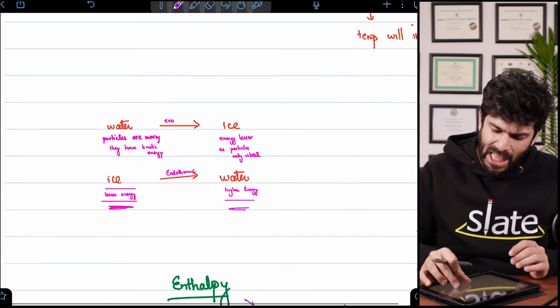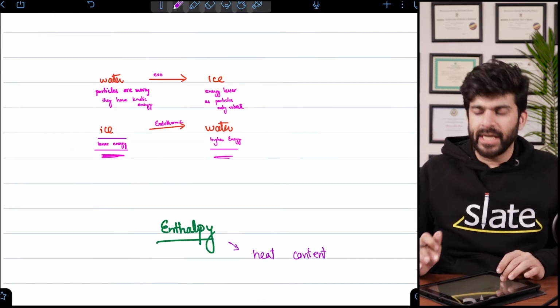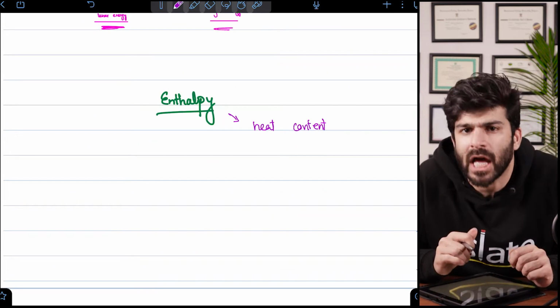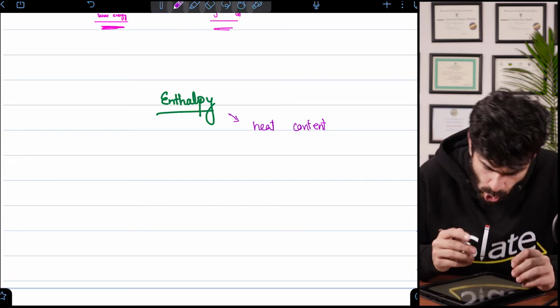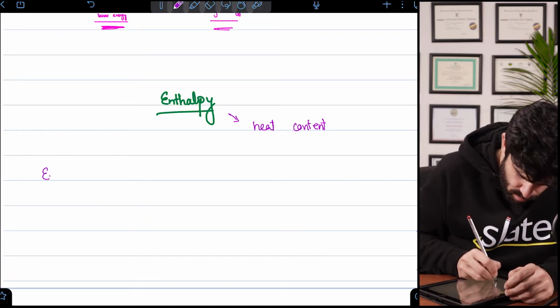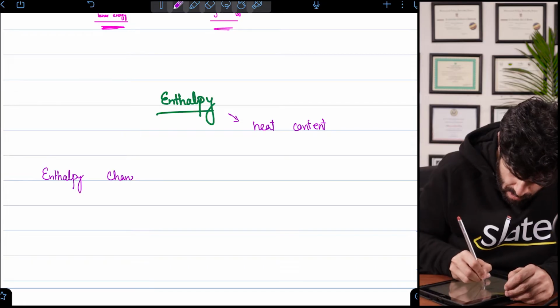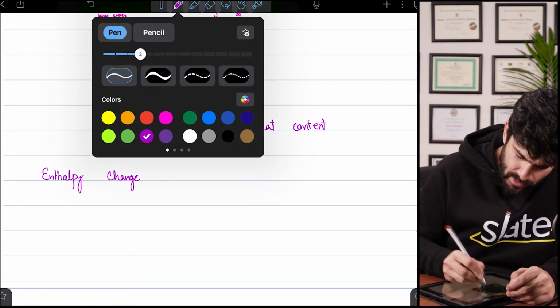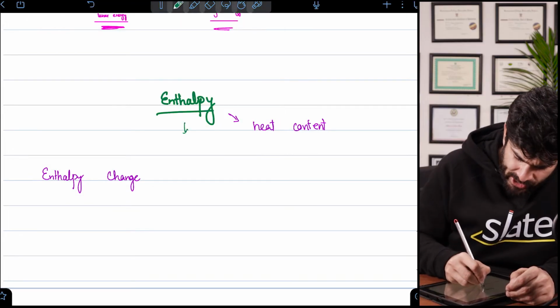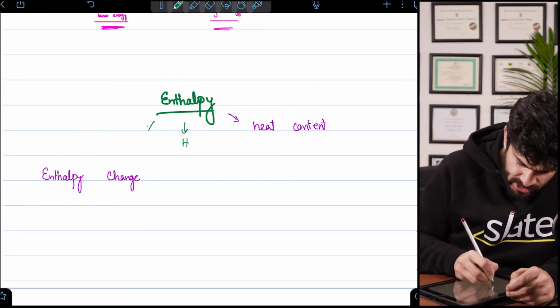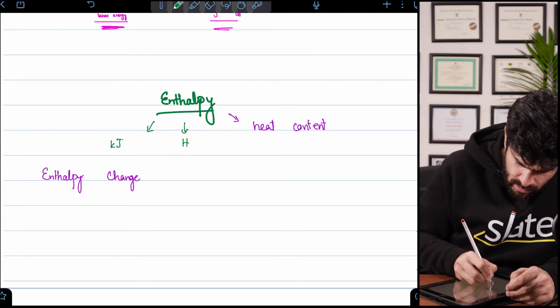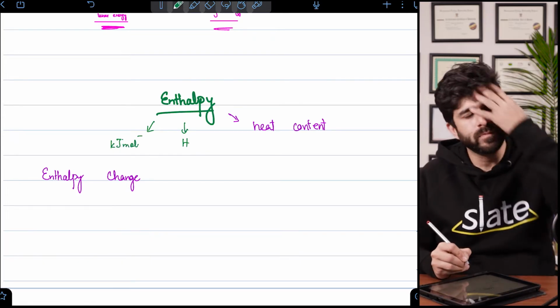So that is the enthalpy. But again, in a reaction, we will not just talk about enthalpy. We would rather talk about enthalpy change. Enthalpy is denoted by letter H and it has the unit of kilojoules per mole.